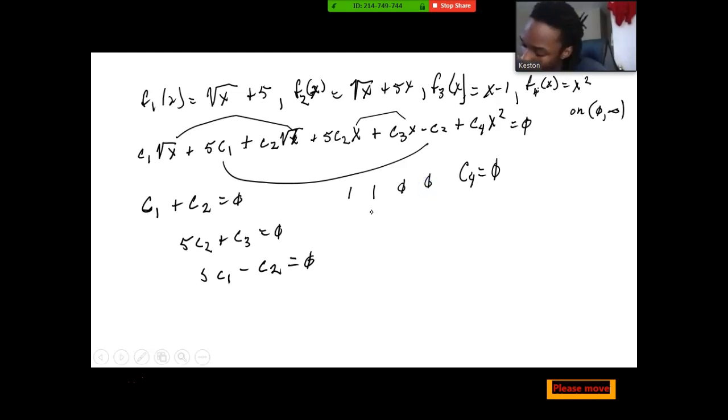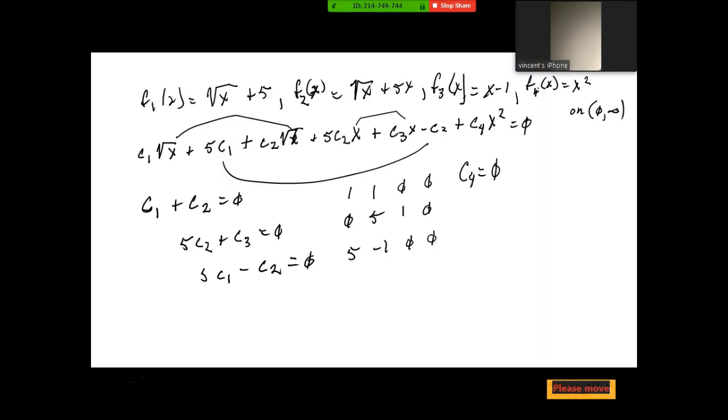We probably can leave off the constant. Second is 0, 5, 1, 0. And the third one is 5, minus 1, 0, 0. You buy that? Yes, sir. Yes. Okay.